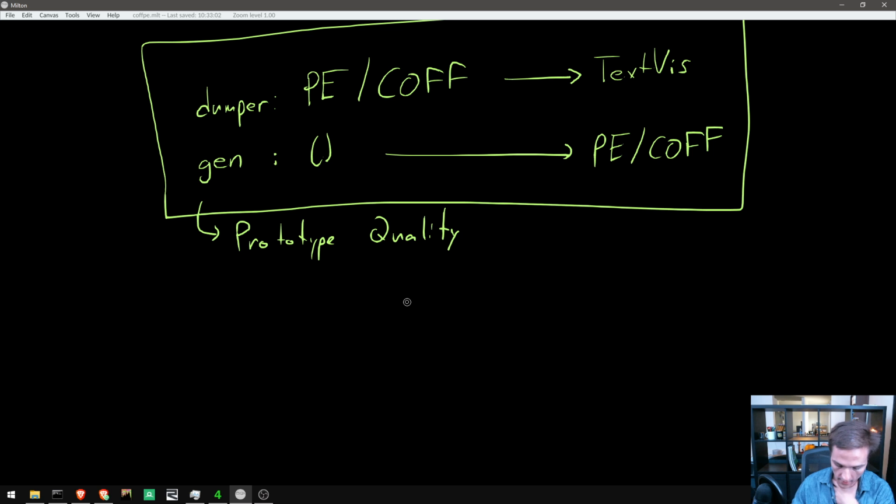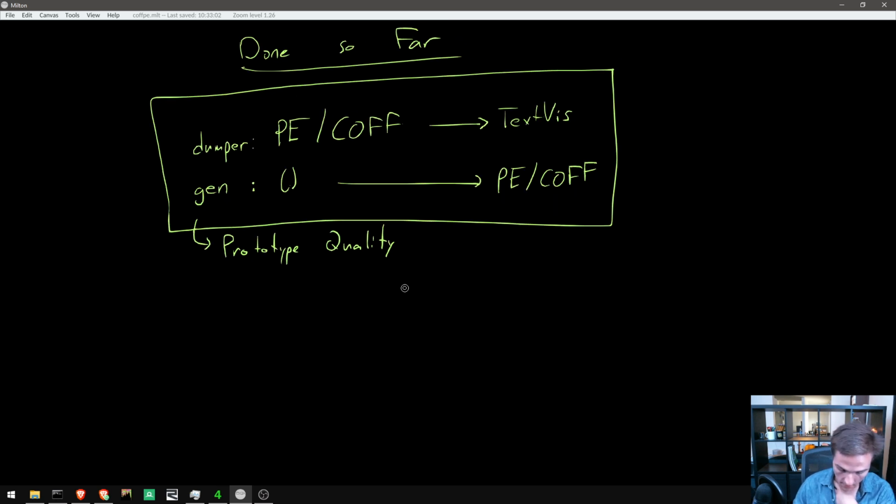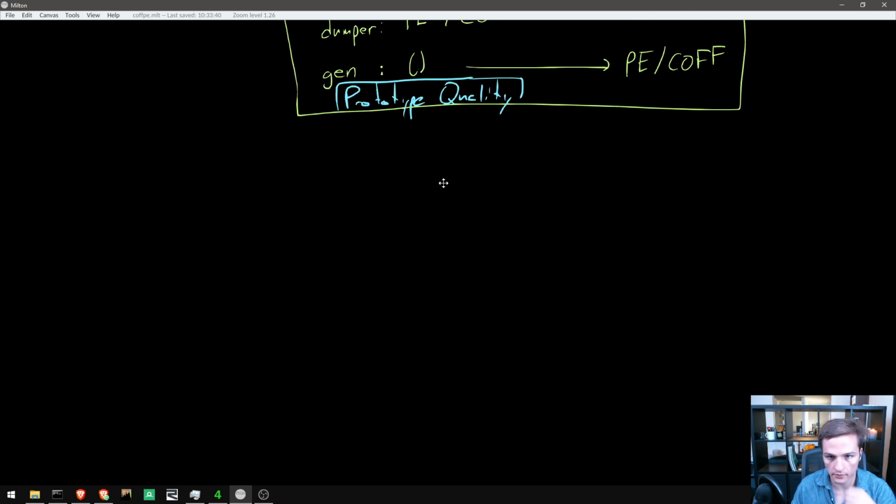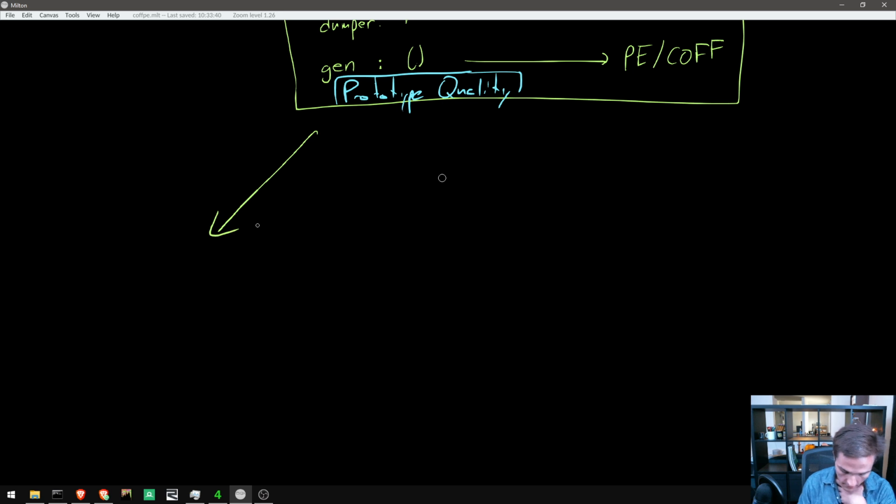Prototype quality, right? So one of the things we could do, if we start mapping out our options here, is upgrade to production quality.